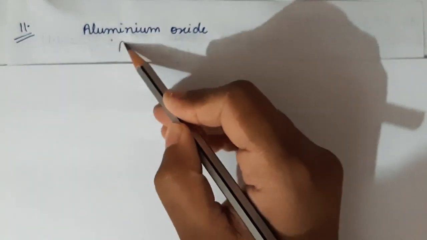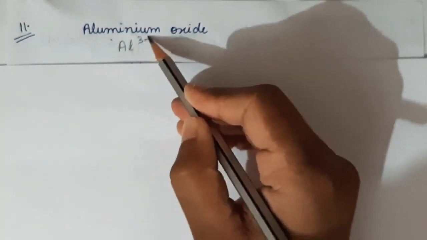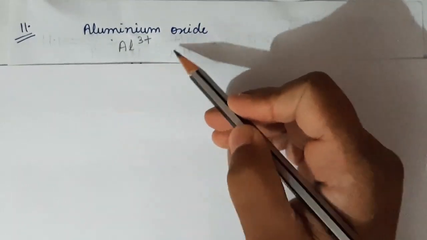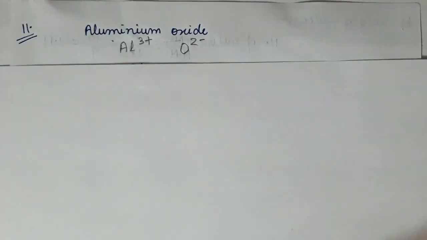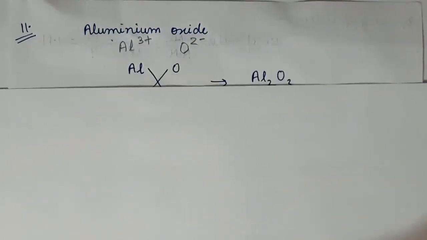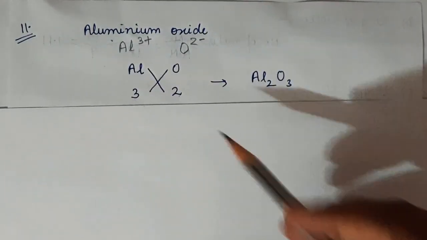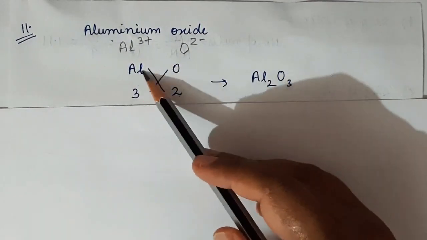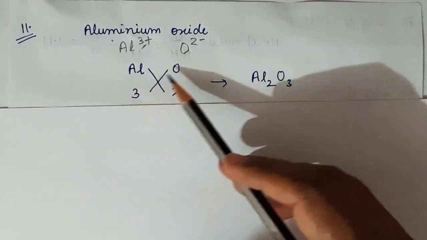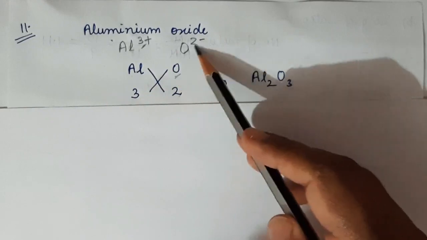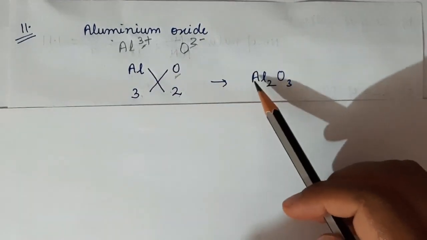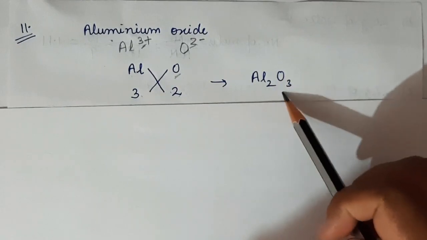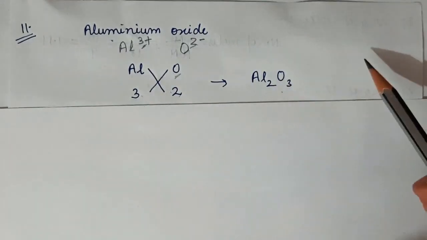Aluminium is Al3 positive. And what is oxide? Oxide is O2 negative. So just calculate the formula. Aluminium, it is a symbol. Valency of aluminium is 3. Next is oxygen, oxide, valency 2. So cross multiply, you will get Al2O3, that is aluminium oxide.